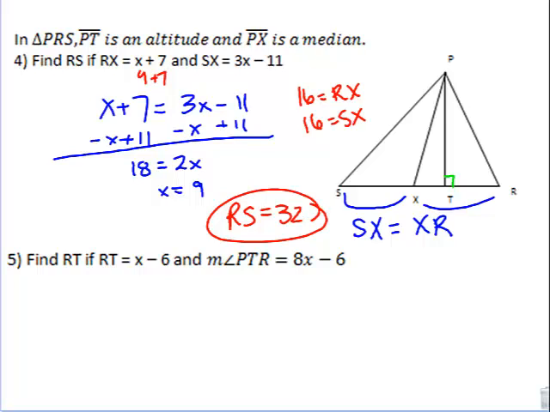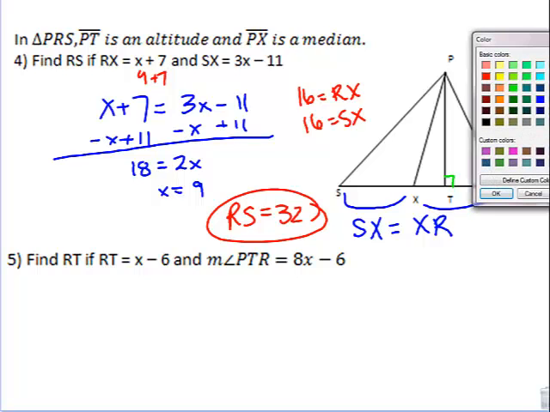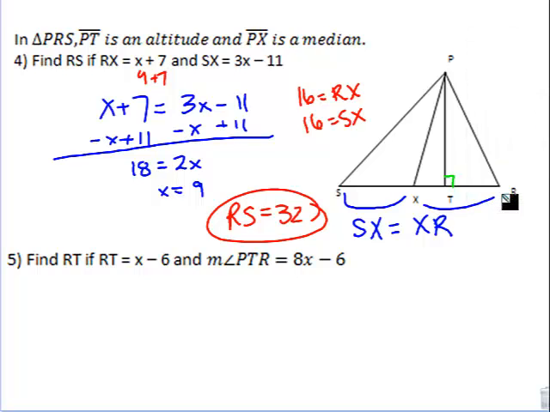Well, if the angle PTR is 90 degrees and is also 8x minus 6, that means we can create an equation out of this to solve for x. So since angle PTR is an altitude, it's 90 degrees, and we also were given here that it is 8x minus 6.